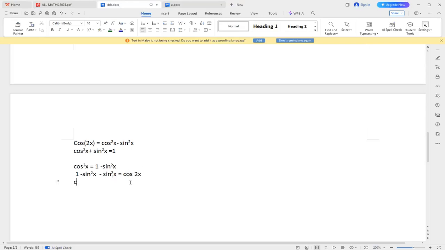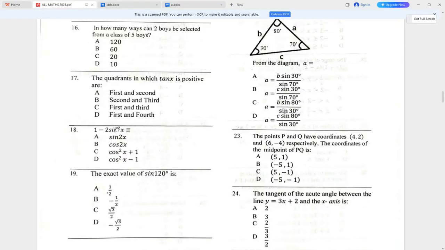Now this means that cos 2x is equal to 1 minus 2 sine squared x, and this is the identity of cos 2x. Looking at our options, 1 minus 2 sine squared x is equal to cos 2x, which is B for question 18.